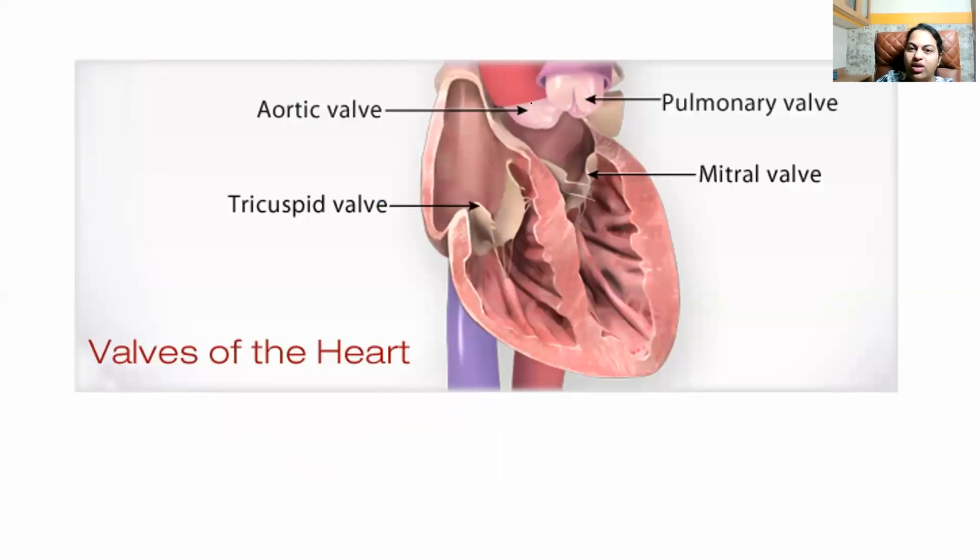This just shows you the pulmonary valve, same as the aortic: semilunar cusp, the orifice, the annulus, the three semilunar cusps. But the difference is that here there'll be two anterior and one posterior. Similarly, here also the space above the valve cusp will be dilated to form the pulmonary sinus.